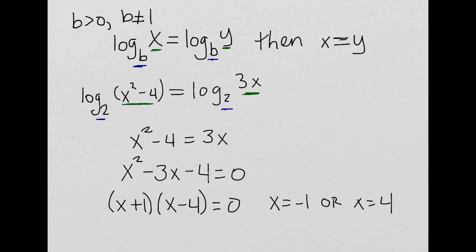All right, so we're not finished yet, because remember, we have these rules up here at the top that say that b has to be greater than 0 and b can't equal 1. We already know that's true because the base is 2. But then remember, from the very beginning, we also have the rule that x and y cannot be negative, so we've got to check that.